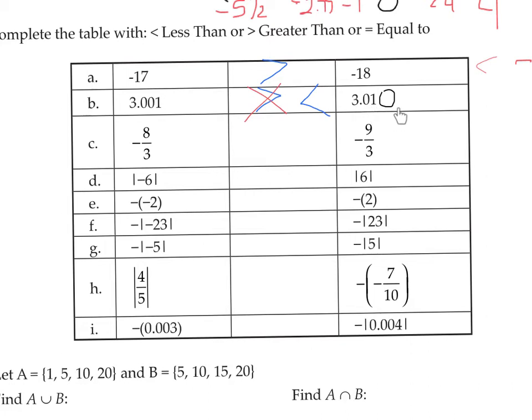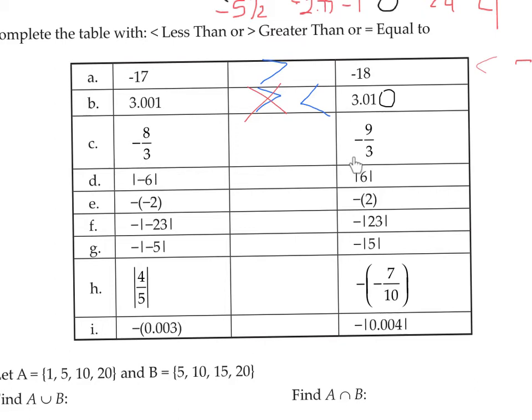I said this one is larger, which it is. It looks like a 10 on the end. This one looks like a 1. So this is definitely larger, and then I wrote the wrong sign. So the open side to the larger, the pointy side to the smaller. Cannot get the eraser to work. Okay, so let's look at the next one.